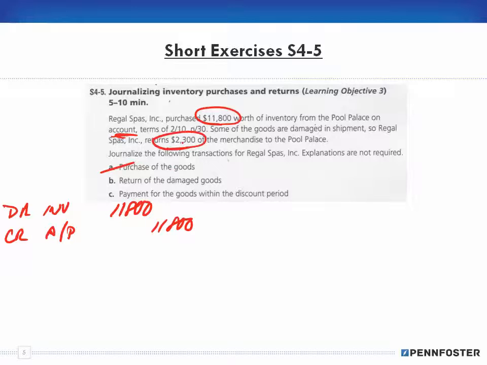So we're returning $2,300 worth, right? Well, if I'm returning $2,300, in the theory videos, I think it was the second one for chapter 4, I kind of went over the credit memos. When you have a return, it's basically a credit memo, and what I had said was you have to do a little bit of the math when you're doing partials, okay?